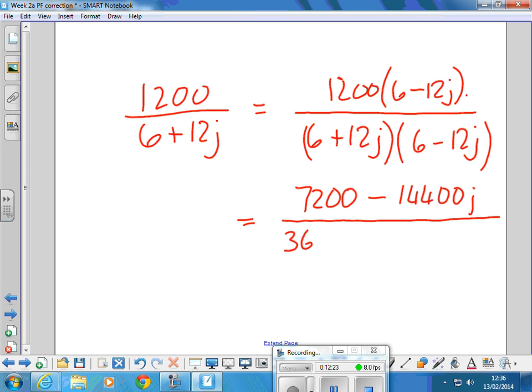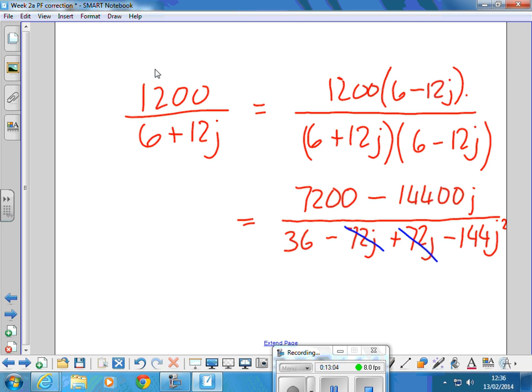6 times minus 12 is minus 72J. 6 times plus is plus 72J. That's why the imaginary term disappears. And then 12 12s is 144. Minus 144 J squared. Now, these two cancel each other out.